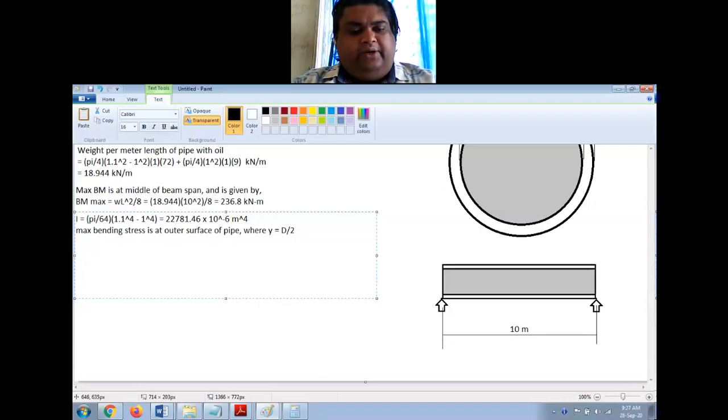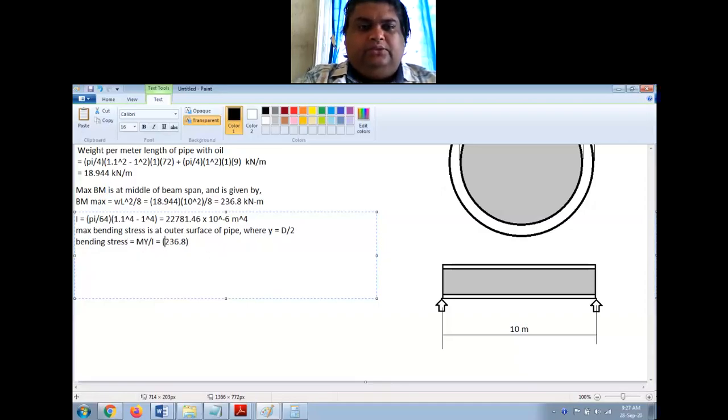Now let us find this. Bending stress is equal to, the formula is M y by I, right? Now M is 236.8, right? So this is in kilonewton meter, so if you substitute as it is, the answer you get will be in kilonewton per meter square, so that will be kilopascal.